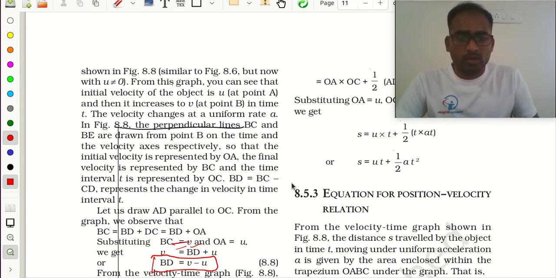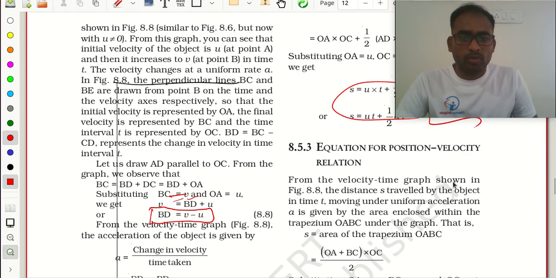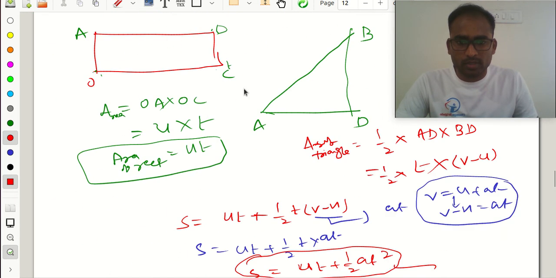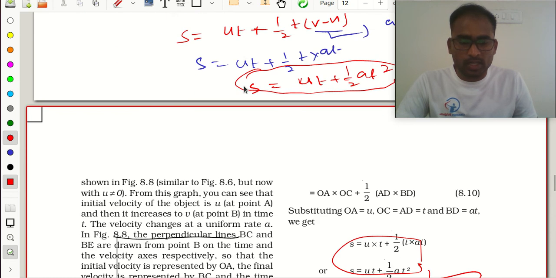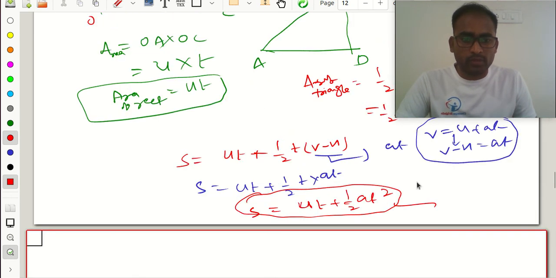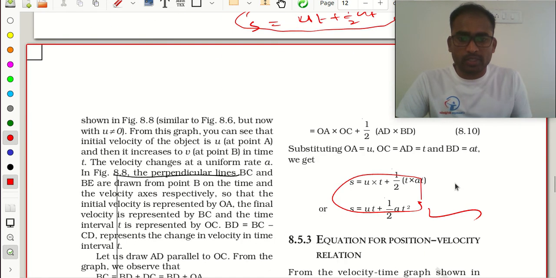Next, we will do the position and velocity relation. From this same graph I can calculate this one. Otherwise, I can calculate in another way also. From these two equations, I will solve. What are the two equations?